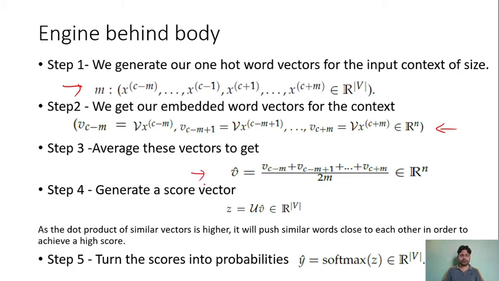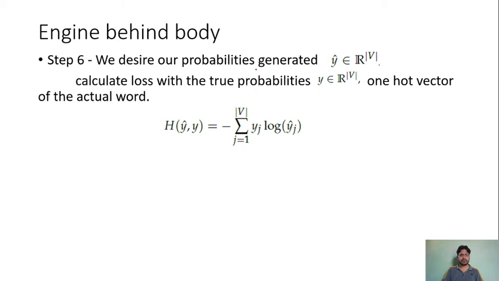Next, you will average out all those embeddings and generate the score, which is just simply u dot v. Once you get the score, you convert it into probabilities using the softmax. Once you have this softmax, you compute the generated output. You have the original output and the generated output.